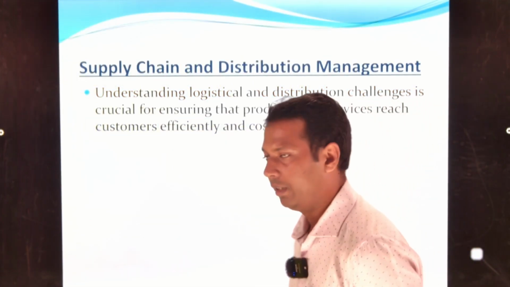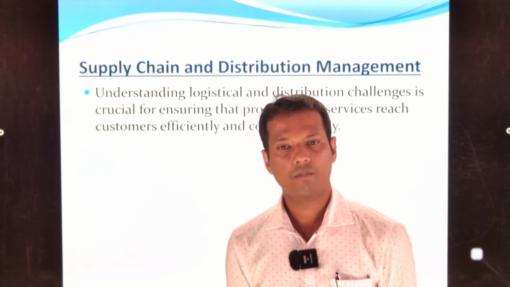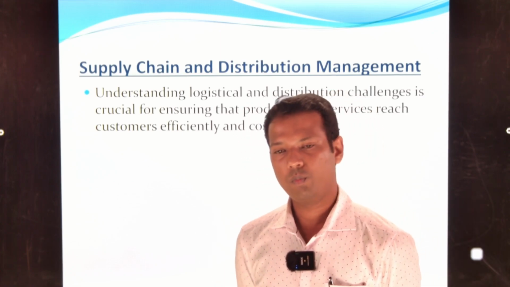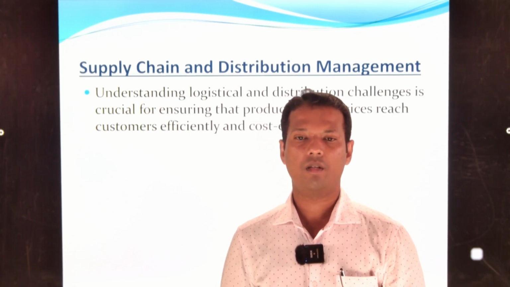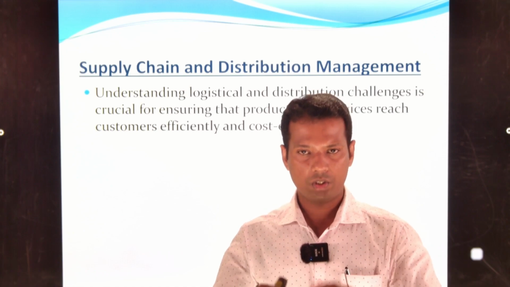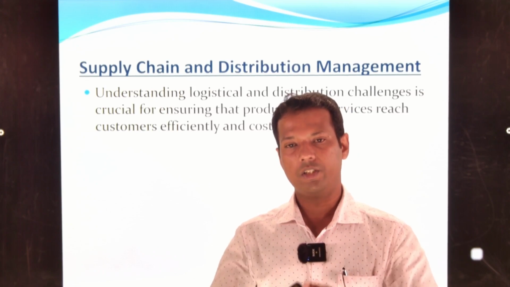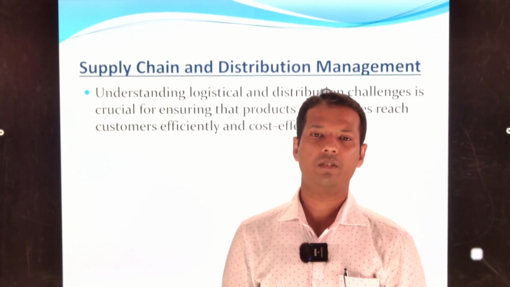Now, supply chain and distribution management. What do you mean by supply chain and distribution management? See, when a company operates, there has to be logistical management. The entire logistic and the entire distribution setup is known as supply chain and distribution.